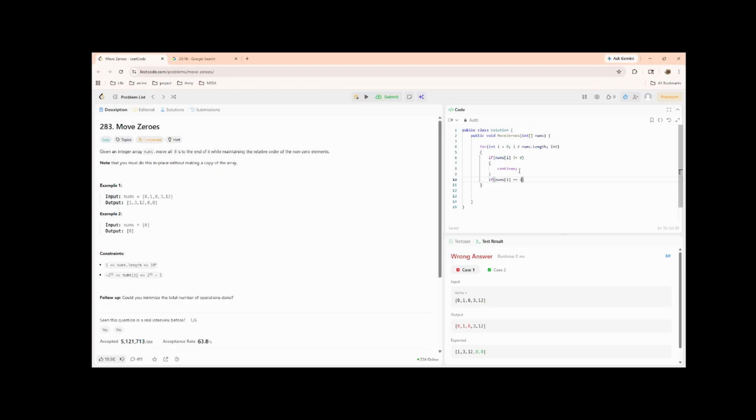If it is equal to 0, then we would have to find the next index where the value is not 0 and move it there.